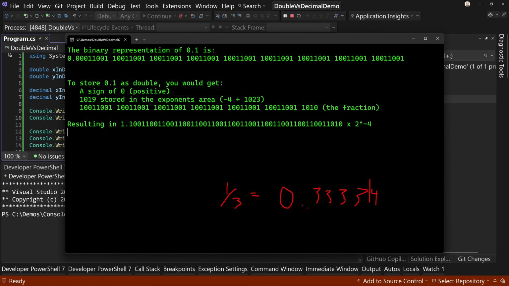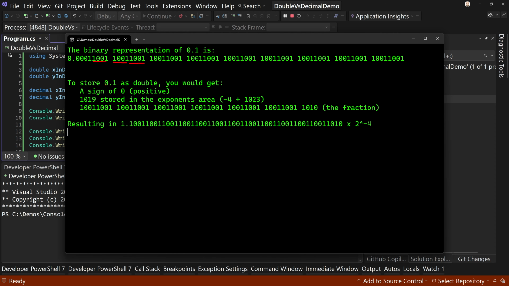Our division ends up at this repeating number. So we have this repeating pattern as well in our 0.1. We've got this 1001, 1001, 1001. It just keeps going. Now I've put spaces in here to try and make this a little easier to read, but obviously binary doesn't actually have spaces.